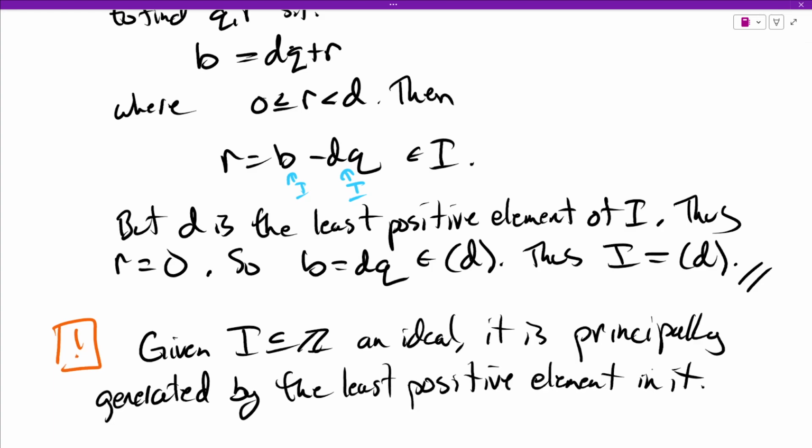There's more than one generator, because associates generate the same ideal. Why do we know that? Well, that's what the proof showed. We find the least positive element, and that's a generator. It's also generated by its negative, so it's not like there's only one, but the proof actually gives us a recipe for finding the principal generator.